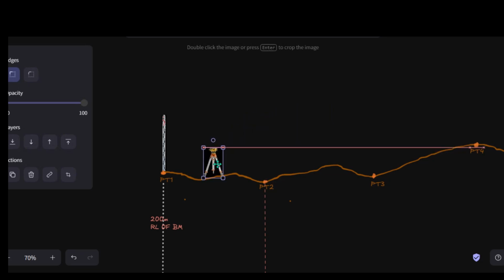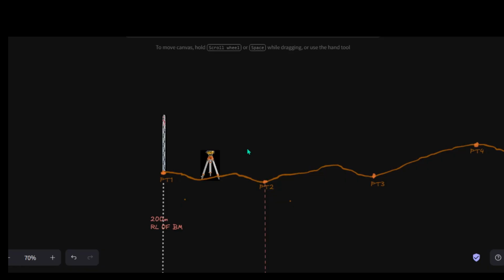Now let's get this here. You pin it somewhere around the site. Let's just say it's somewhere around here. To find the height, now this is the height. Meanwhile, from this point to this point is a reduced level, that is from the sea level. The height of this point now from the sea level is a reduced level.